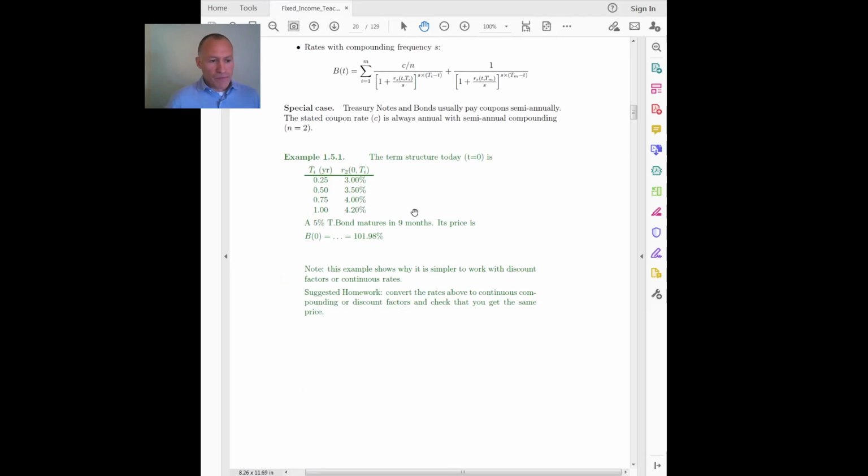Let's do an example. Just a detail before this. In the US market, treasury notes and bonds always pay semi-annual coupons.